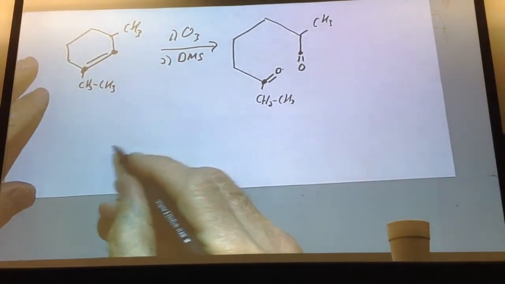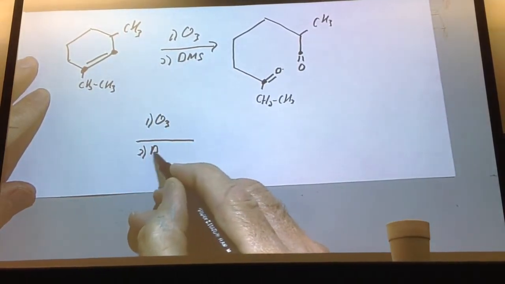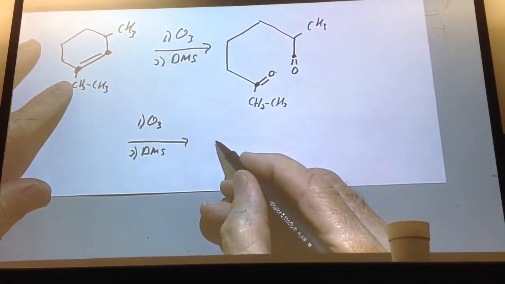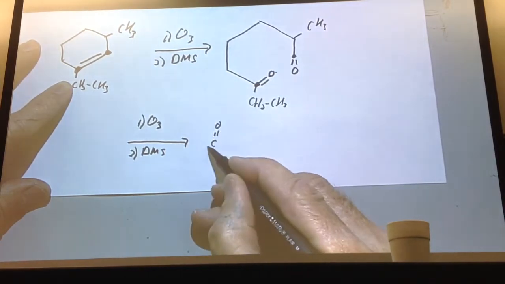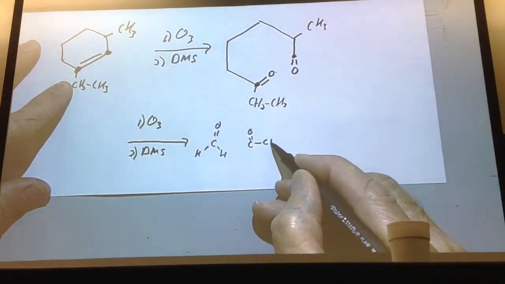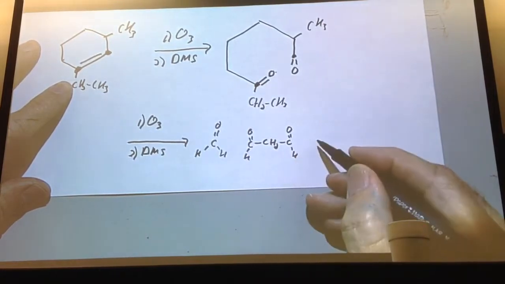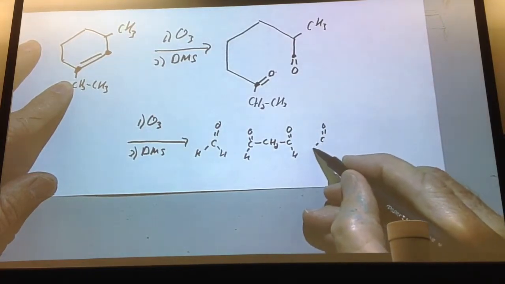You have some unknown compound, they add ozone to it, and then dimethyl sulfide, and they get, let's say, 3 products. That gives you a possible structure.